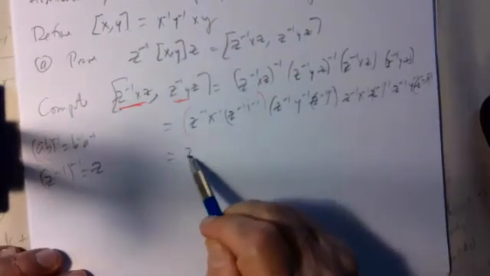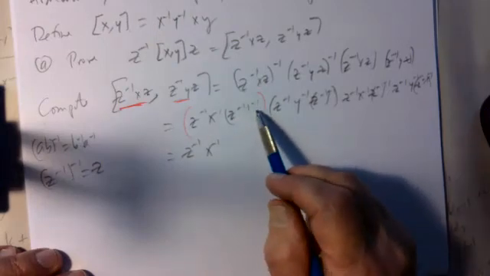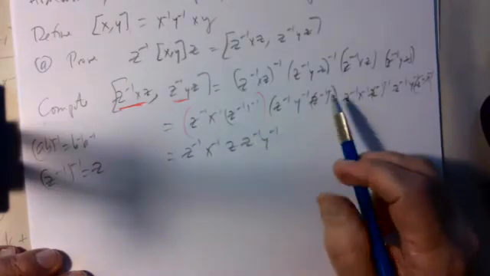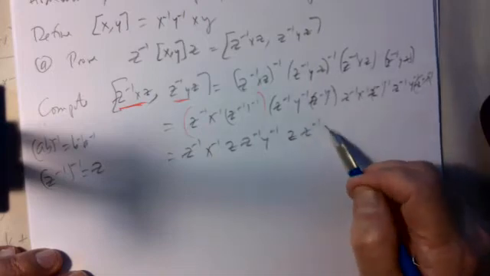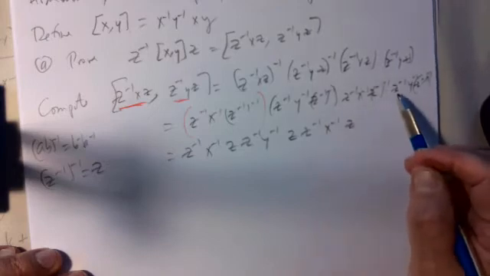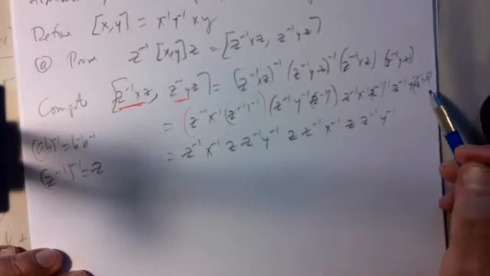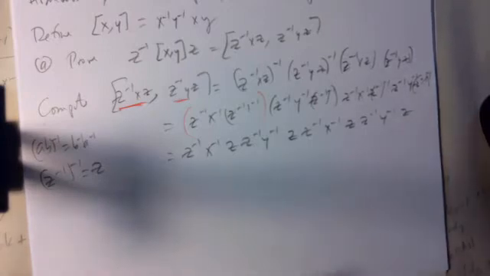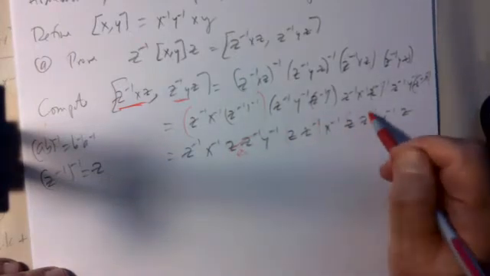So Z inverse inverse is Z. Now, whenever you have Z times Z inverse, that's just the identity, so you can cancel that out in these three different places.